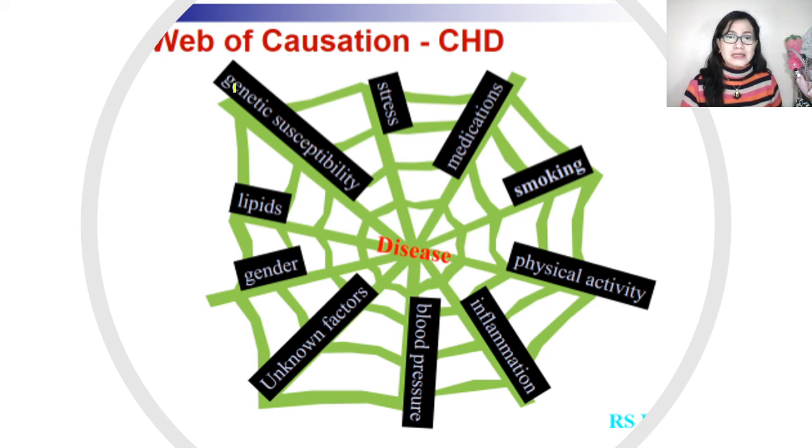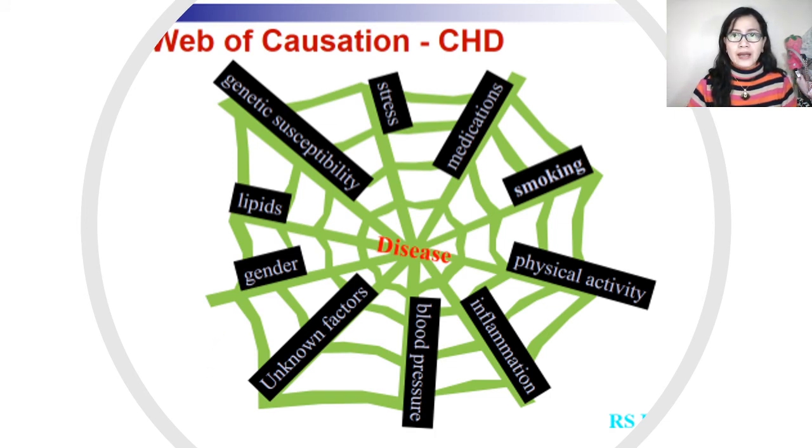So, there are several factors causing coronary heart disease. Unlike in the lever model, where there's only an interaction of the agent, host, and the environment. Here, there are many factors.